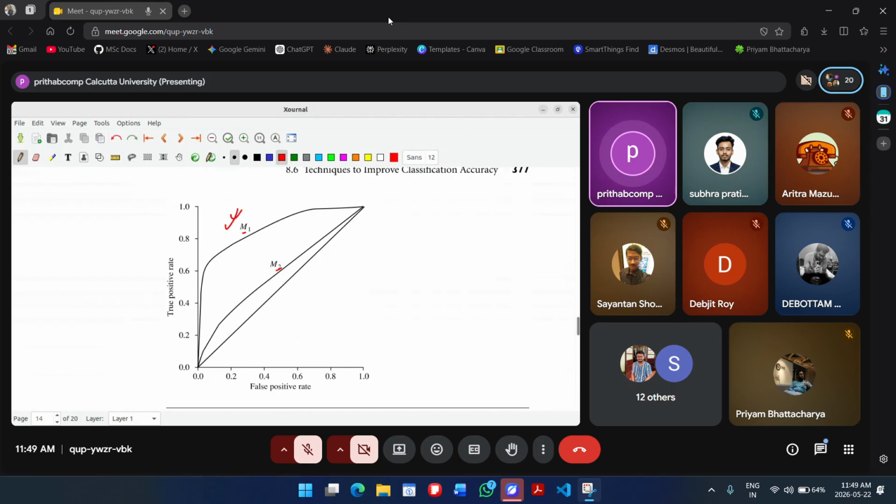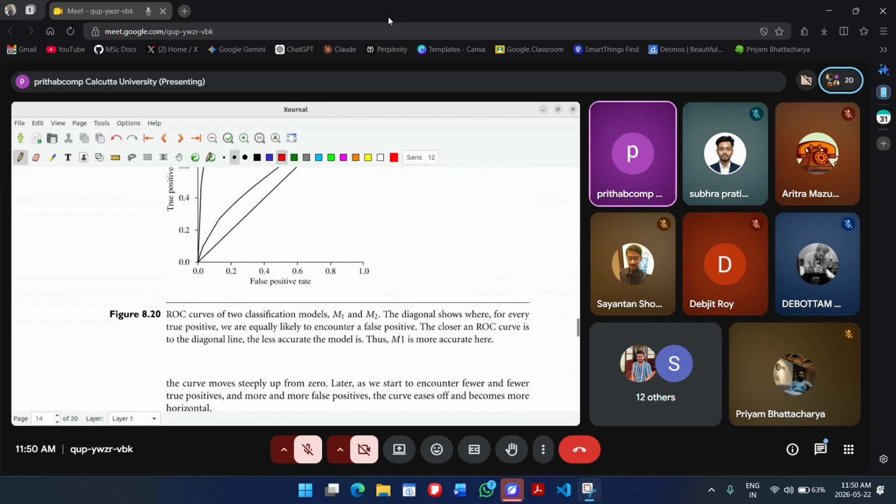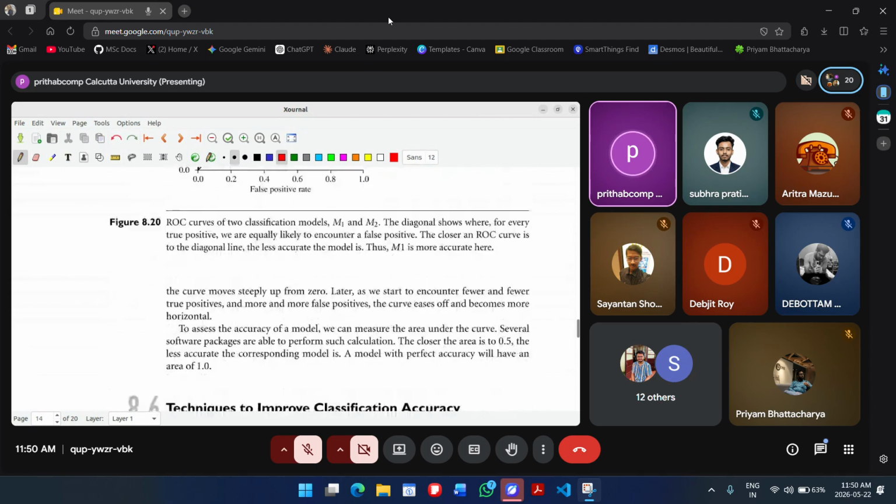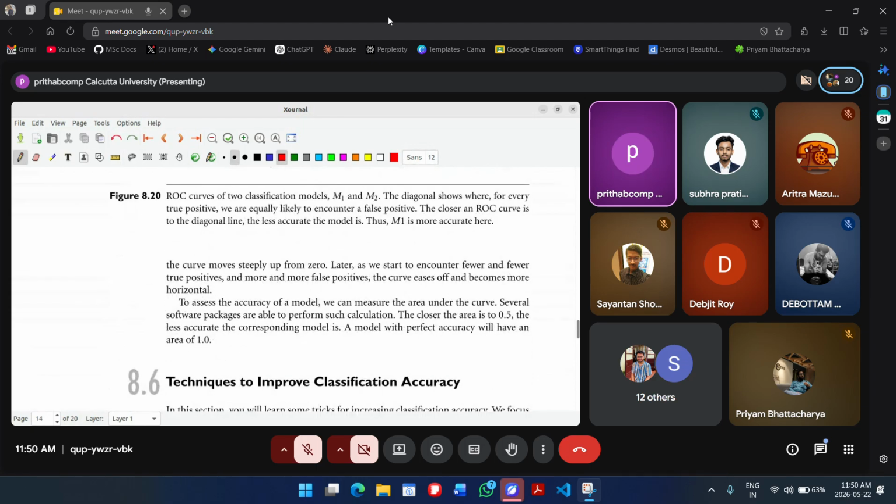Since M1 is covering more area, so I'll say this M1 model is the good model or better model than M2. Okay. So this will help you to decide which model you should choose.